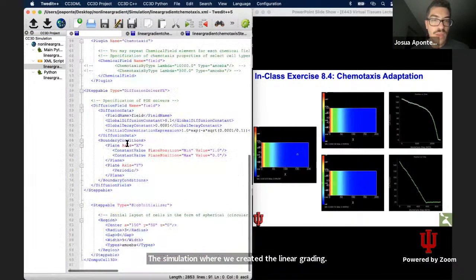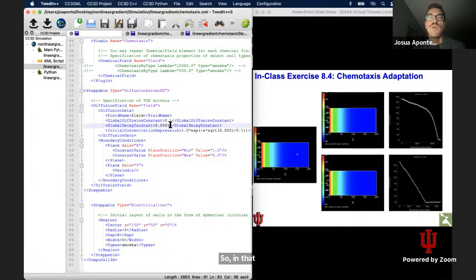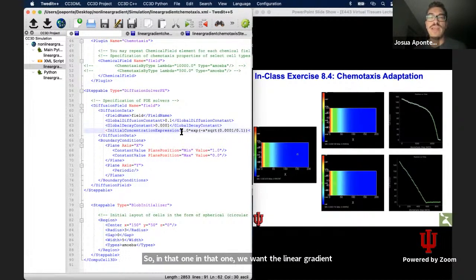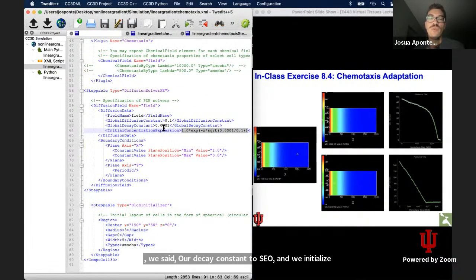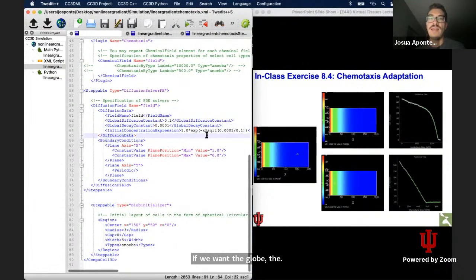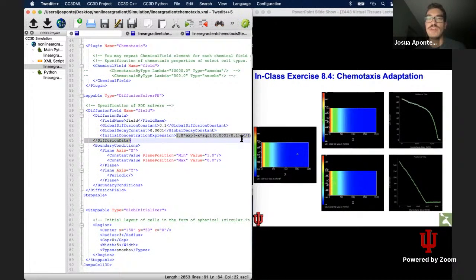In that one, when we want the linear gradient, we set our decay constant to 0 and we initialize it at the equilibrium concentration. If we want the exponential gradient, then we can set the global decay constant to be non-zero, right? And the equilibrium concentration now is given by this equation, not by the linear equation, because the gradient now decays exponentially. We talked about that last class.